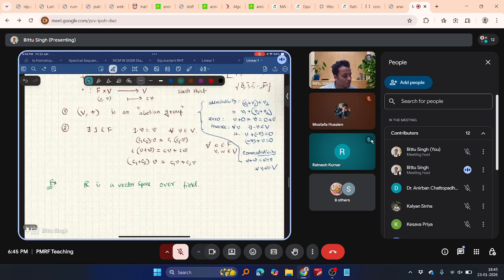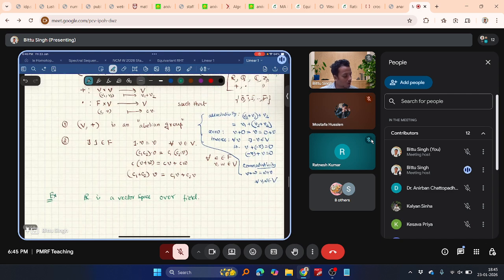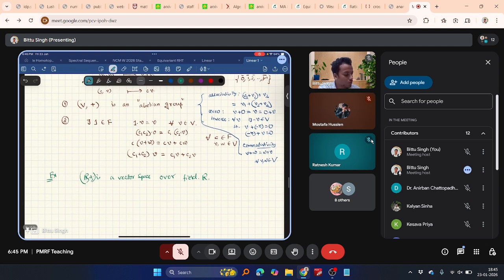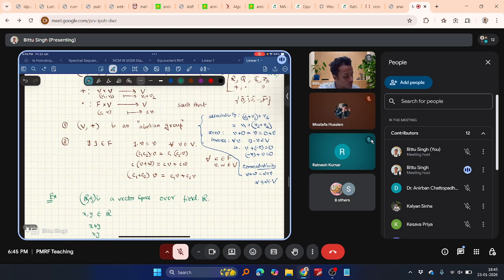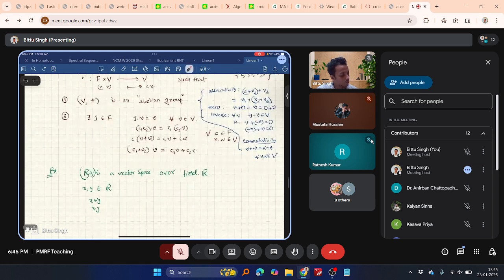So R is a vector space over the field R. And what will be the addition and multiplication? We already know we can add any two elements, given x and y from R. We can always add two elements, x plus y, and we can also multiply any two elements, x times y.